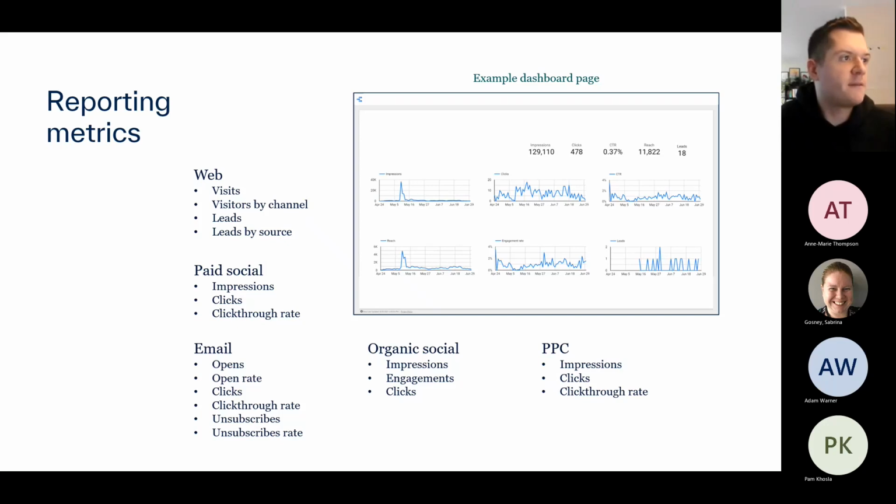As you can see from those graphs, we've done lots of various different ads from there. We've hit nearly 130,000 impressions, 478 clicks, and we've got 18 leads off the back of it. You can see that the first lead comes in about the 15th of May, so after about 2 weeks, which is quite standard within a campaign.